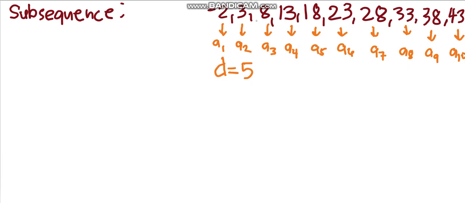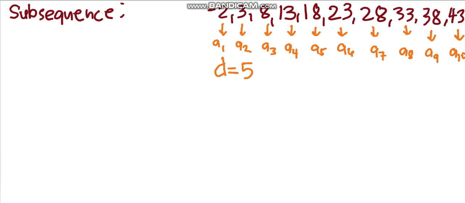Now, the idea of subsequence: if we are to choose a sequence with at least 2 terms, where those terms are from the original, still, the common difference is 5.